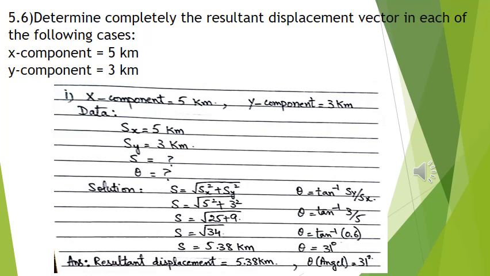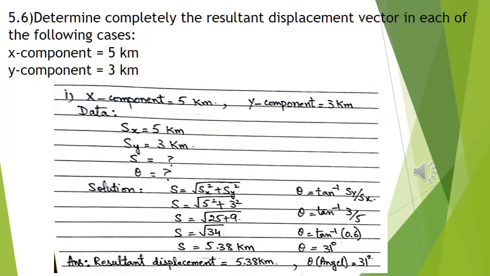Now 5.6. Determine completely the resultant displacement vector in each of the following cases. Now here you are given three questions. Part number 1 is x component is 5 kilometer and y component is 3 kilometer.